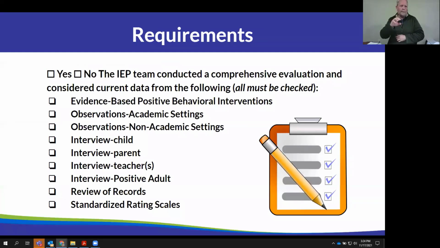So in changing the vague and ambiguous language in the previous rule to specific components of a comprehensive evaluation that must be included, we had a few goals in mind that we've already touched on.